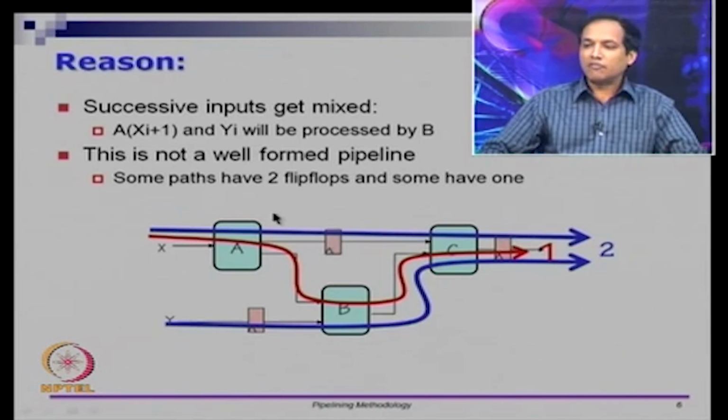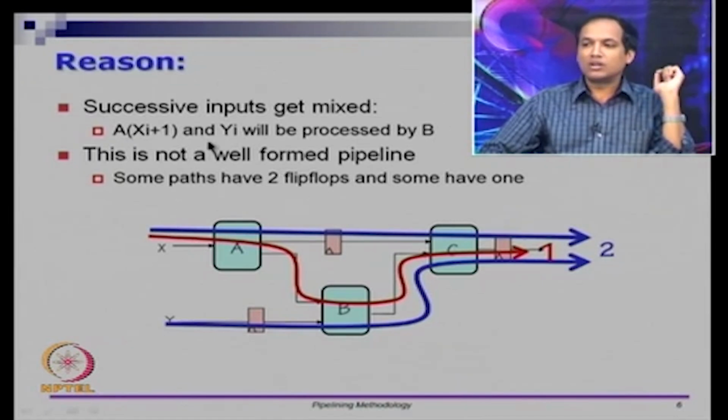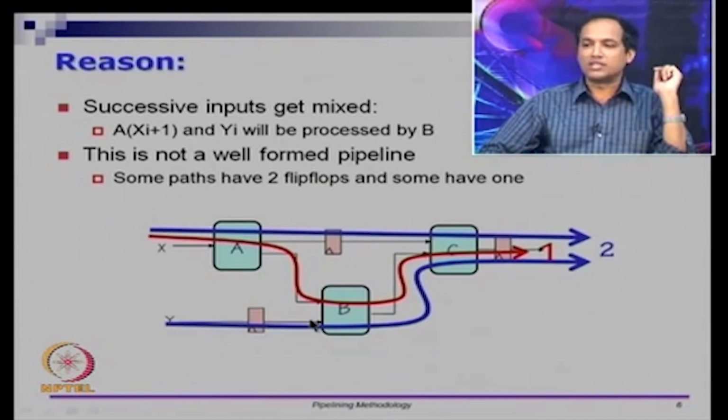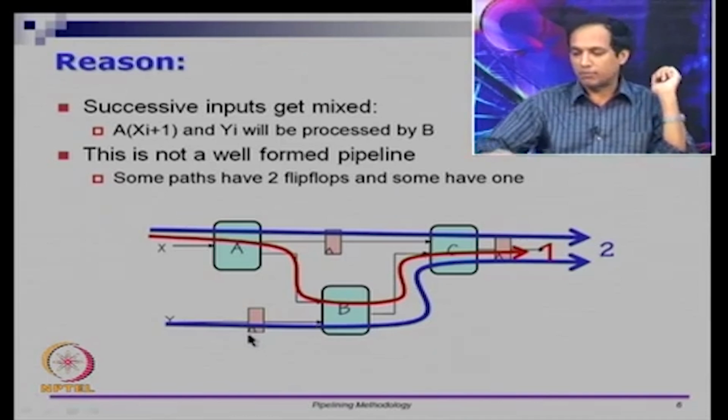So A of x(i+1) and y(i) will get processed by B. A of x(i+1) is the current input, and y(i) is the previous input which got registered in this flip flop, and they both get processed at B. So B is not processing inputs that are coming from the same stage. That is not correct. So this is not a well formed pipeline.